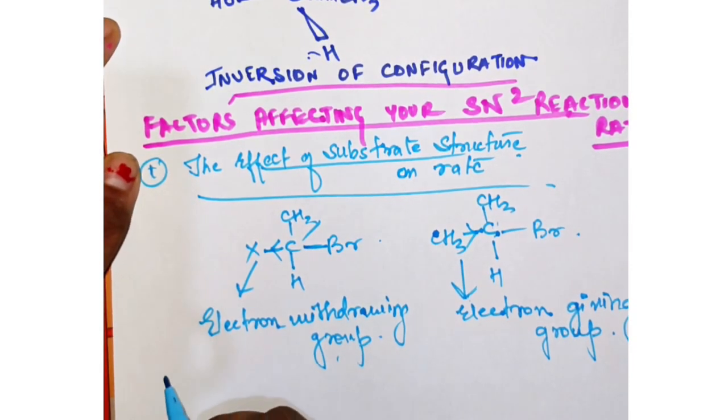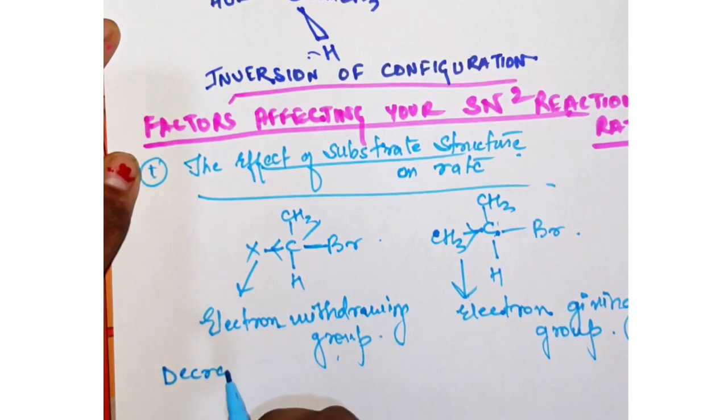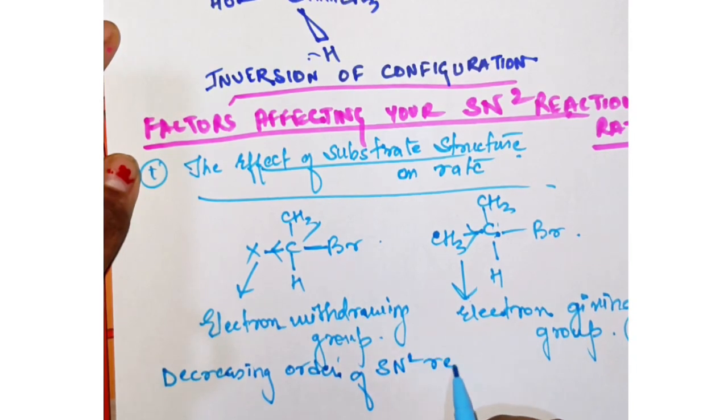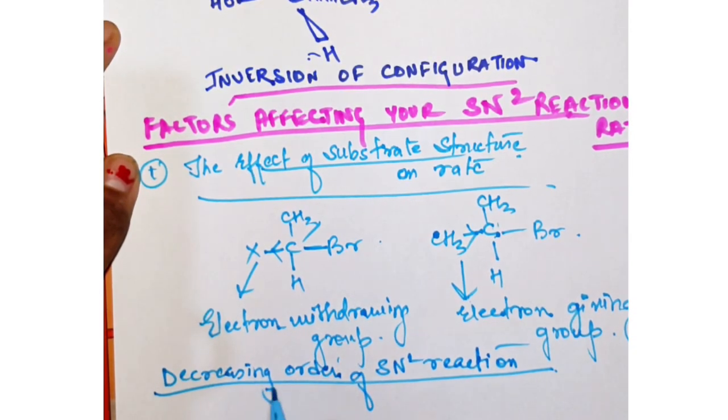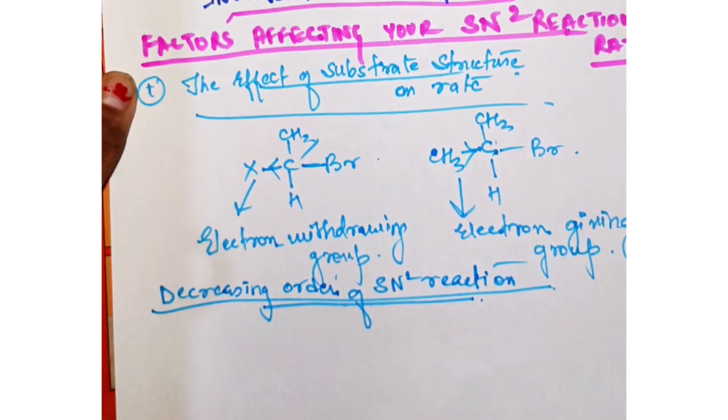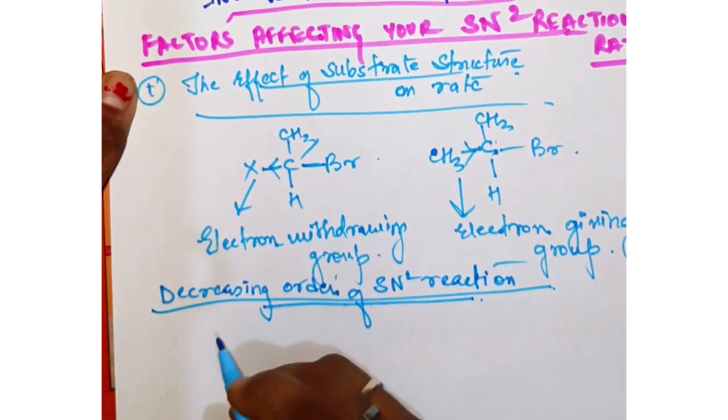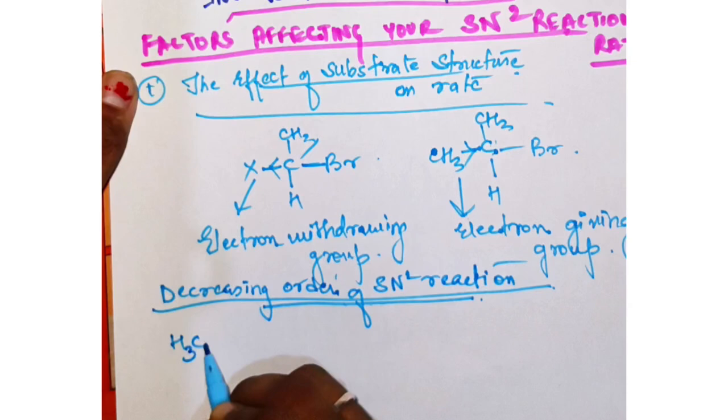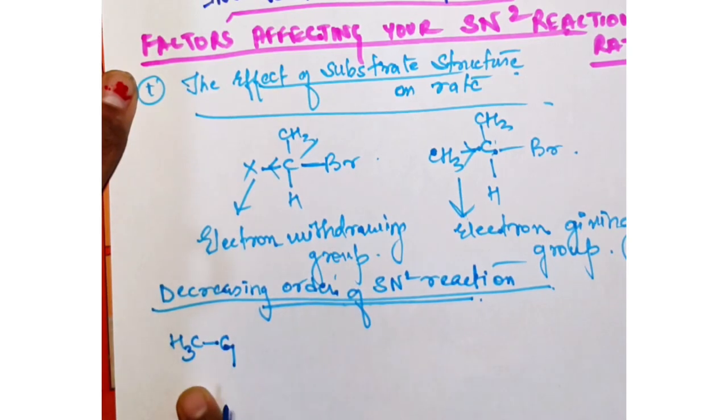So write down the decreasing order of SN2 reactivity. Please note it down. It is important. Even if I have not given you the definition of it, I have explained it, so better write it down. See, this one has less steric hindrance.